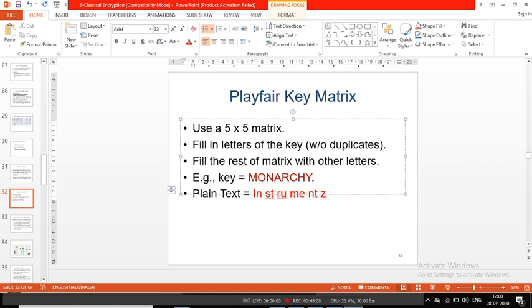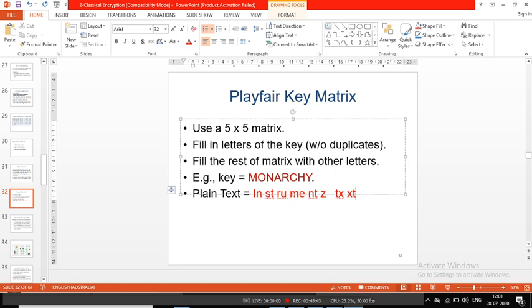If some letters are repeated, like tt or nn, you can split this as tx and xt. Once you start to create a block, if one block contains the same letter twice, you can segregate it as tx and xt.